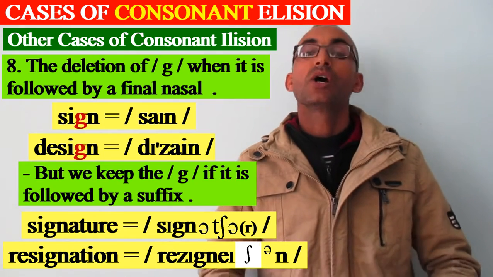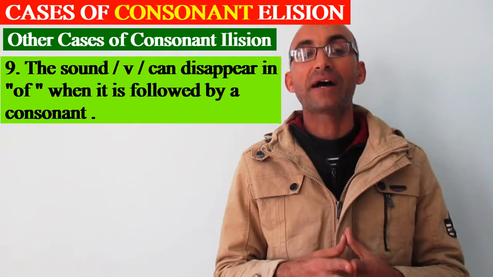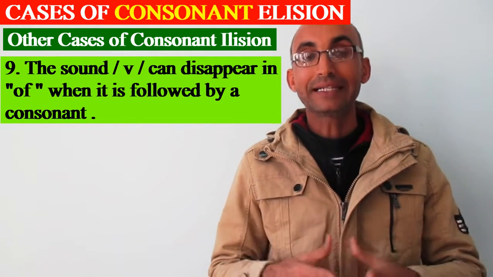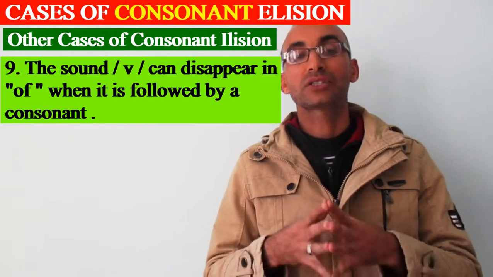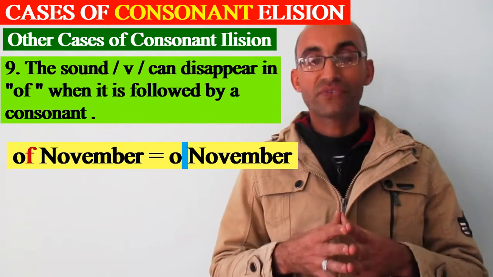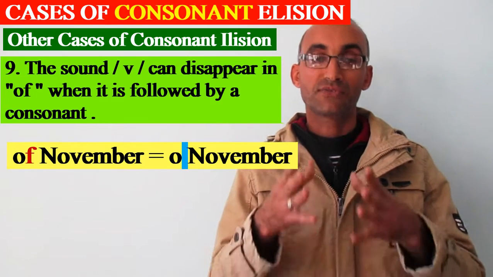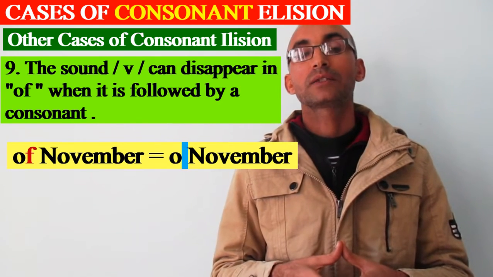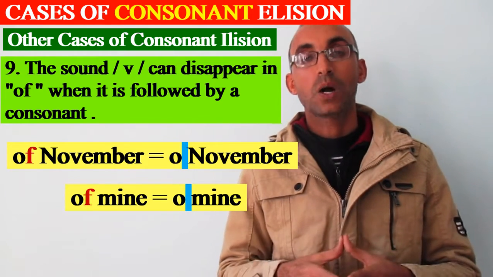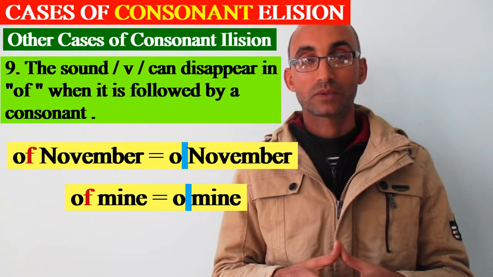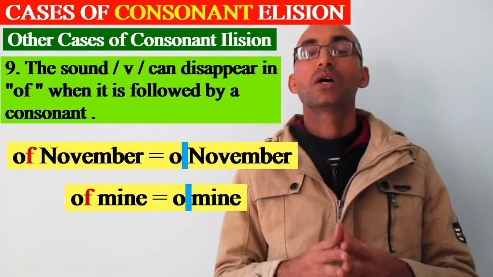Right. Another case for omitting consonants is sound va. It can disappear in of when this of is followed by a consonant. Like on November. Of November becomes on November. We omit va of here. Like for example, of my becomes on my, right, on my, because it's followed by a consonant.